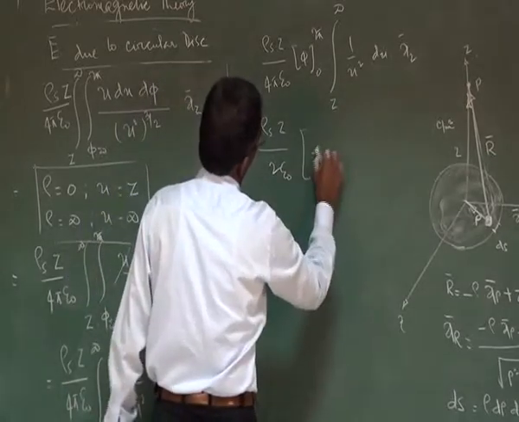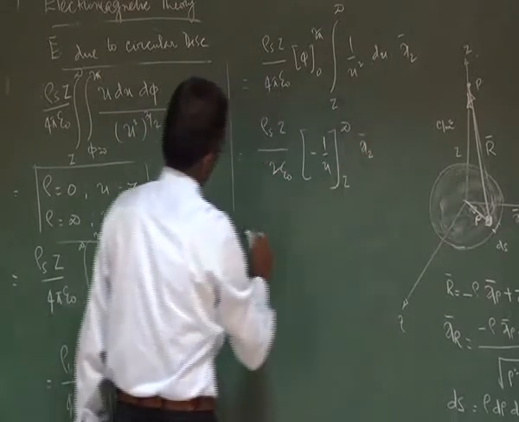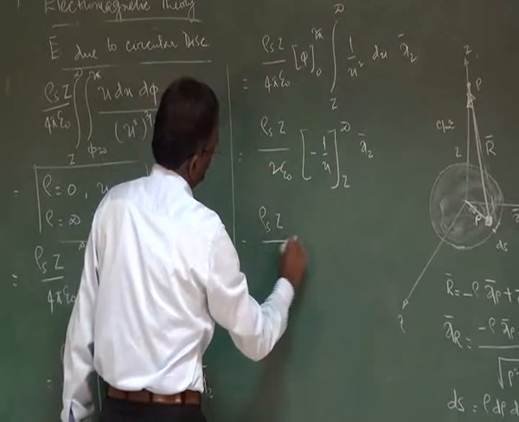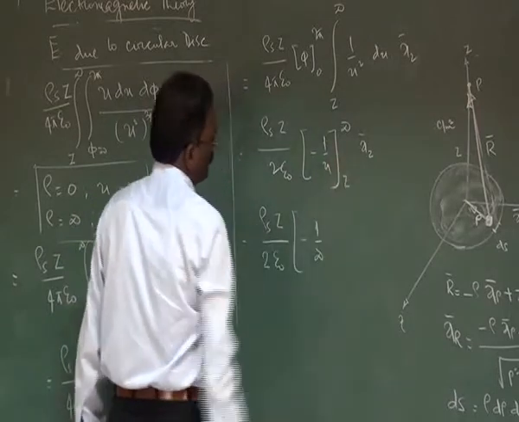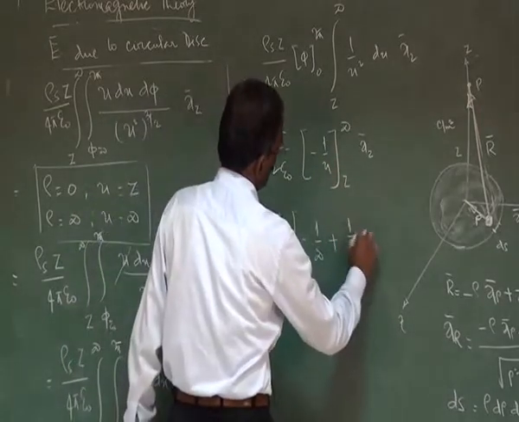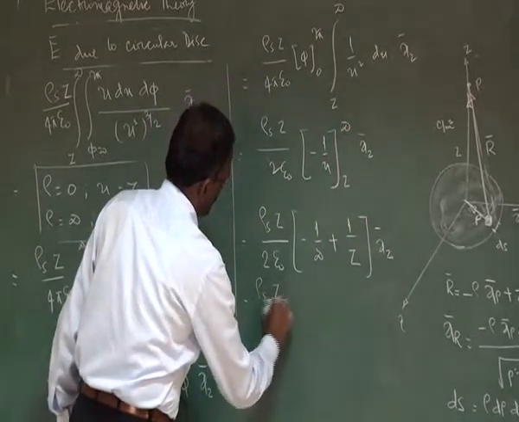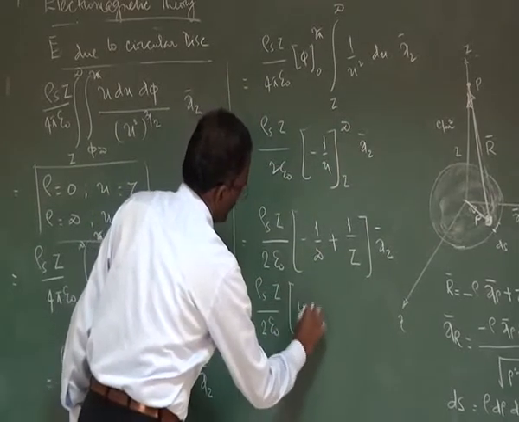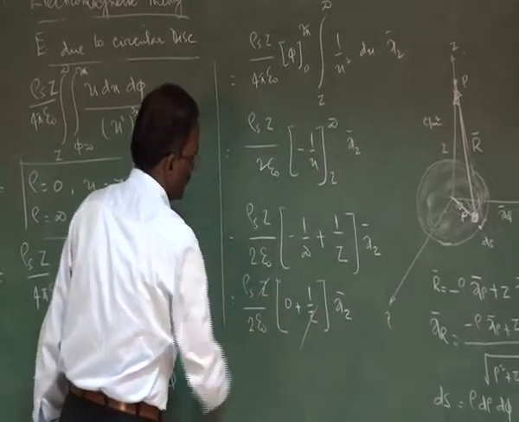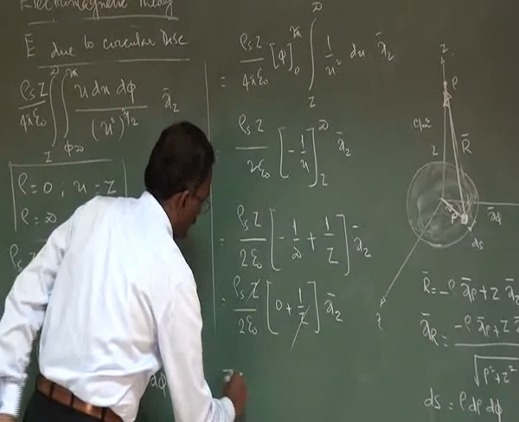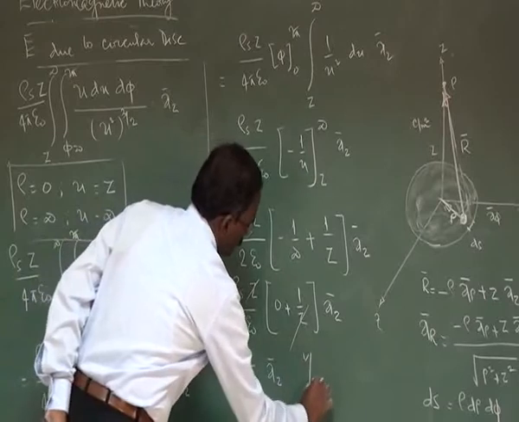Integrating 1 by u square gives minus 1 by u, z to infinity, a z bar, is equal to rho s z divided by 2 epsilon o, minus 1 by infinity, u made as infinity, minus of minus plus, so plus 1 by z a z bar, is equal to rho s z divided by 2 epsilon o, 0 plus 1 by z a z bar. This z, this 2 z will get cancelled. Rho s by 2 epsilon o a z bar, volts per meter.